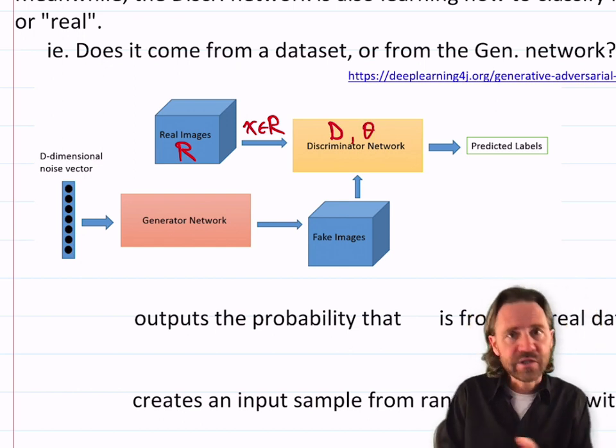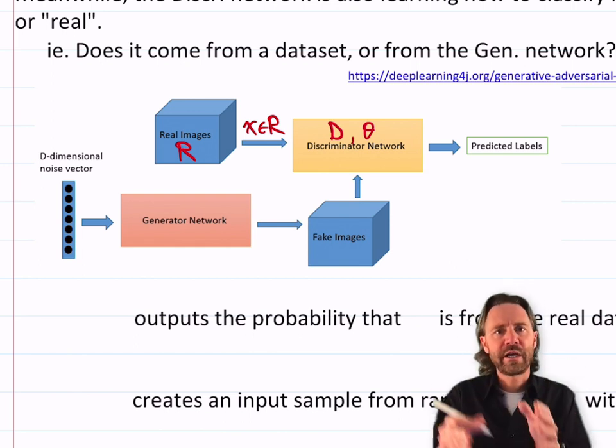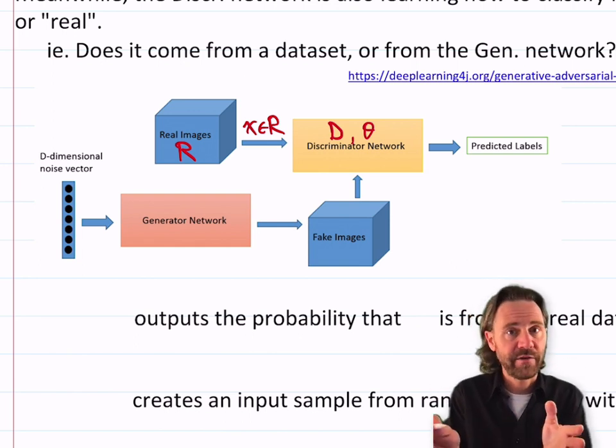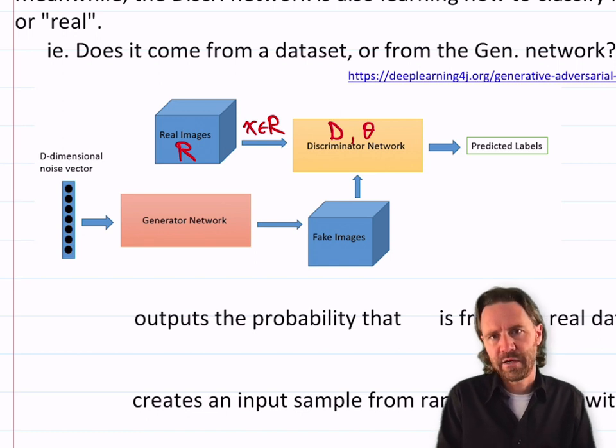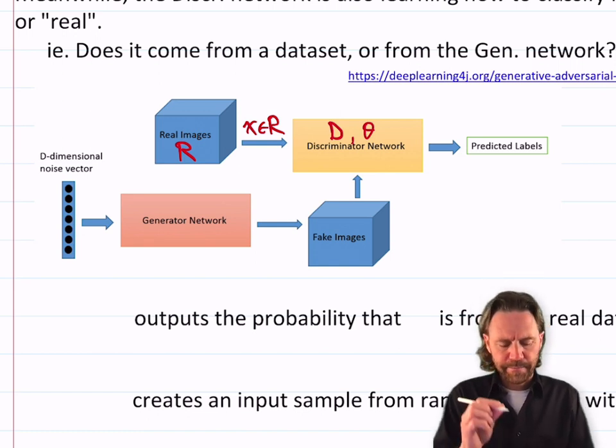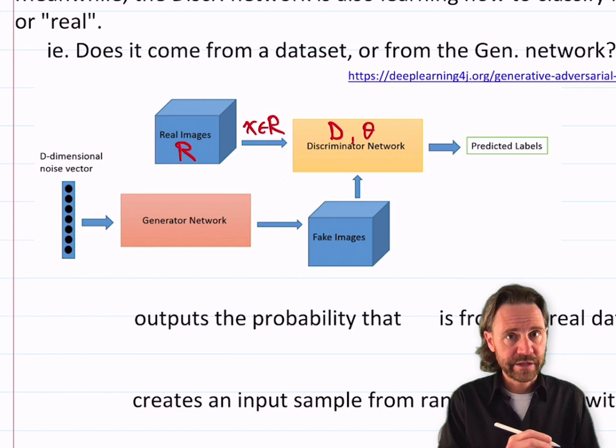So far, this is the sort of thing we've been learning here. You have your input data set, and you've got this discriminative network, a classifier, and it outputs labels.